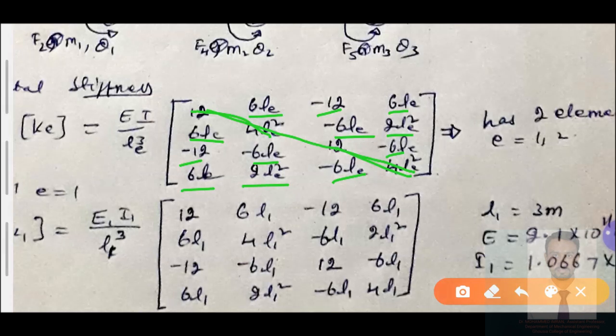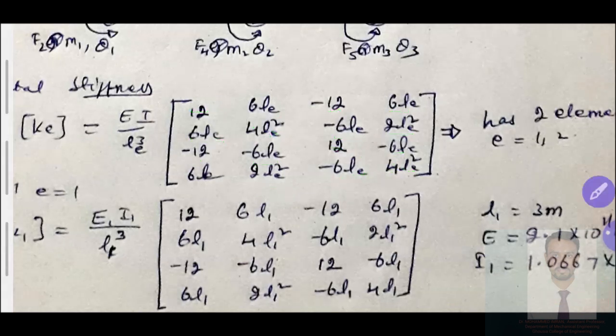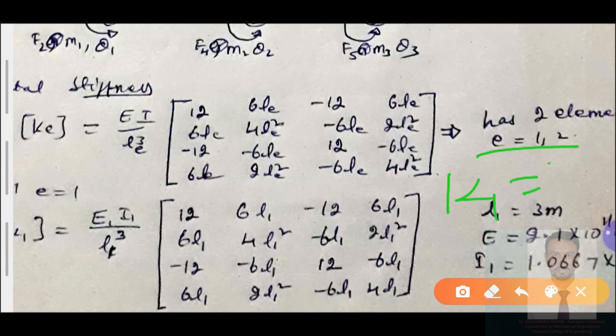Likewise, I have given the idea in the last videos. Similarly, the given beam is converted into two elements, E equals 1, 2. We have two elements in the given beam, and then K1 is equal to K2. Why? It is a single beam element, but the load is applied at the mid of the beam, and both ends are fixed based on the boundary and loading conditions.